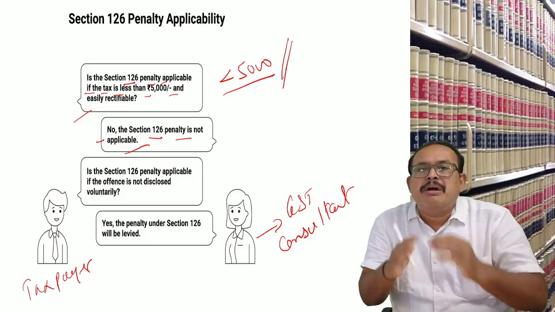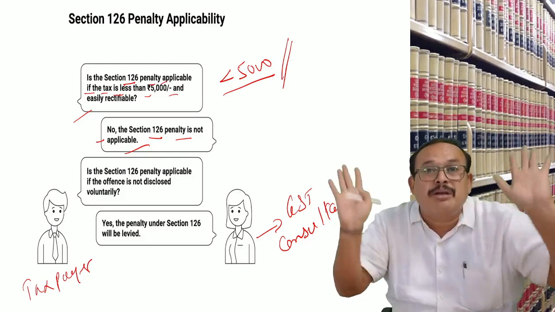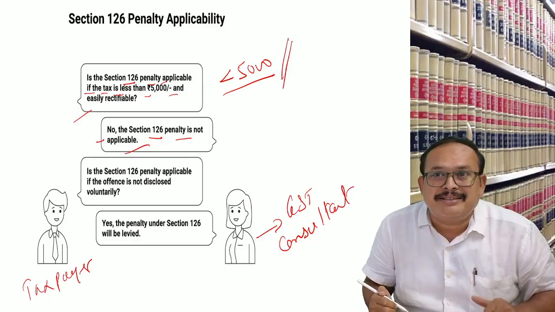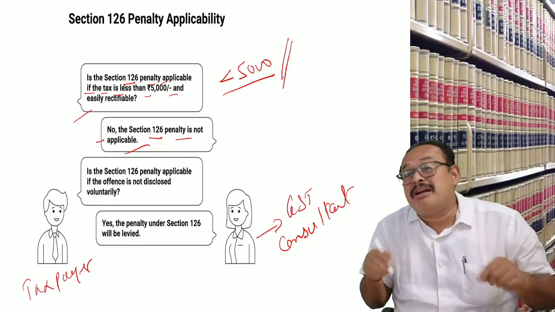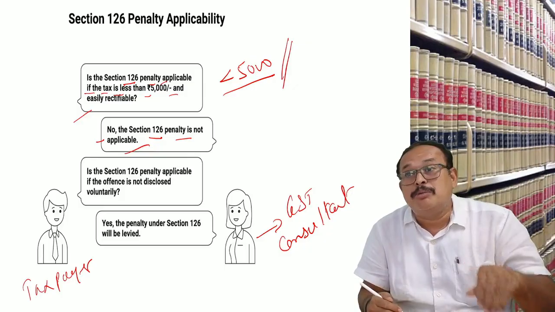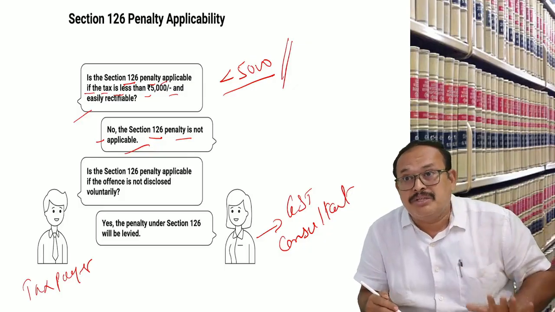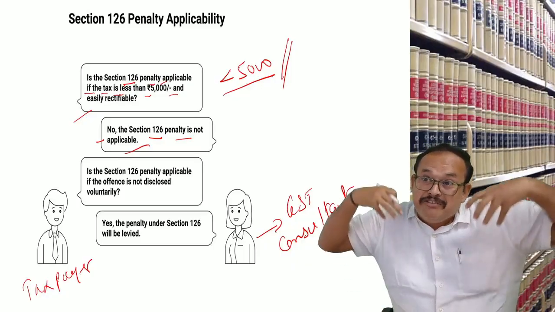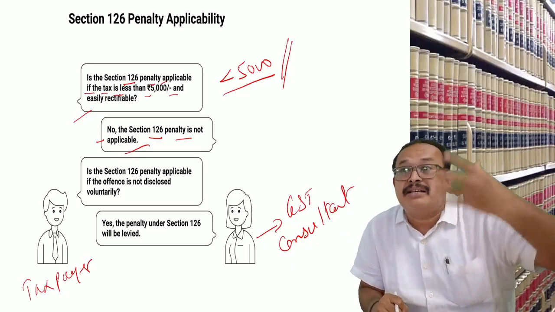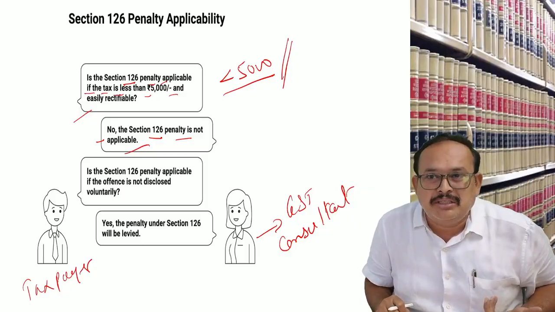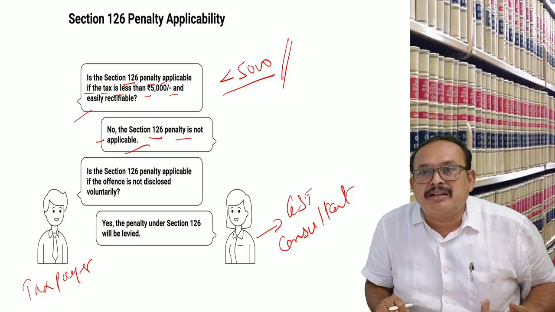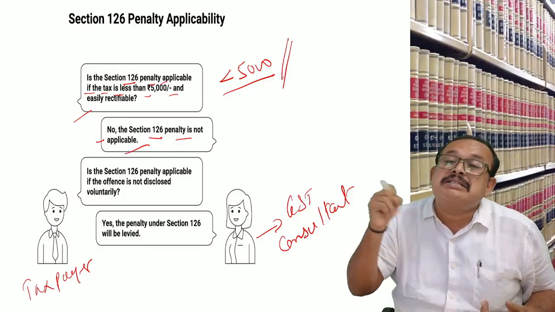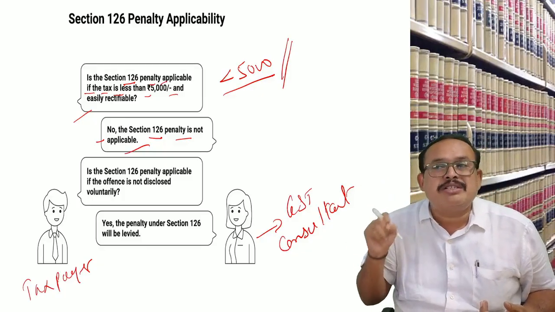Therefore, penalty under 126 is not applicable, said the consultant. That means when the penalty comes under 126, the amount should be more than or equal to 5,000, or the offense you committed requires investigation to identify until it is caught. Means what? Fraud. Get my point, sir? In such cases only 126 will come.